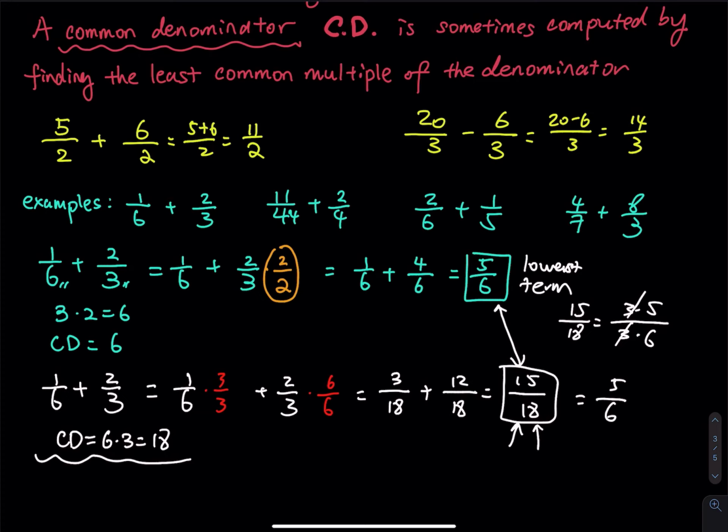Sometimes if the numbers are big, so let's say I give you 1 over 16 plus 2 over 23. If you multiply the 16 and 23, then you have to deal with large numbers. So which one do you prefer to use? I let you decide. But either way, you will get to the right answer.